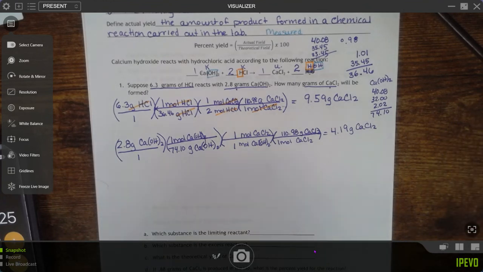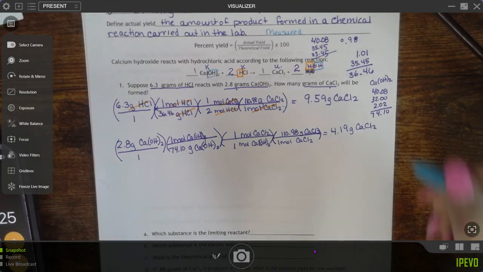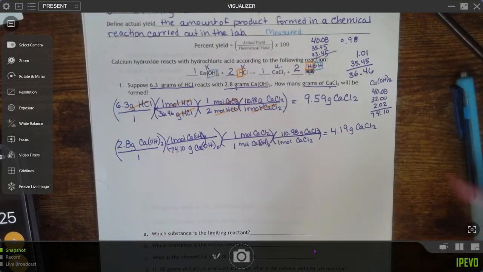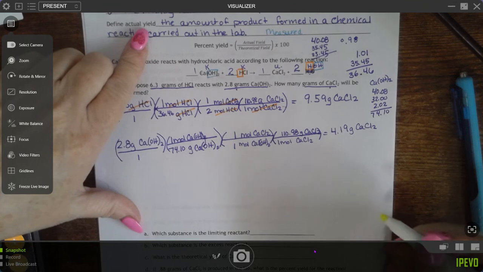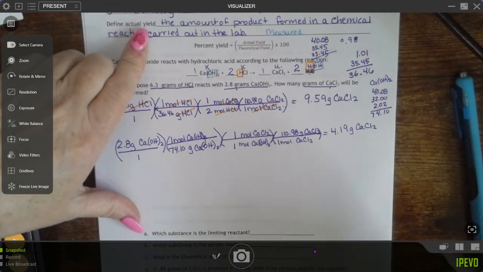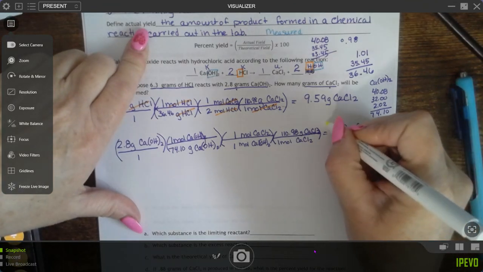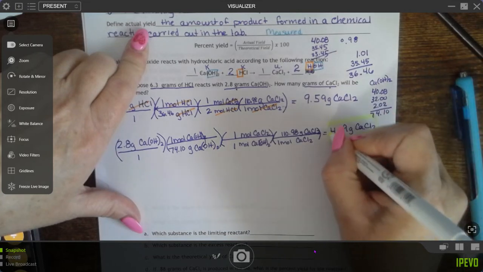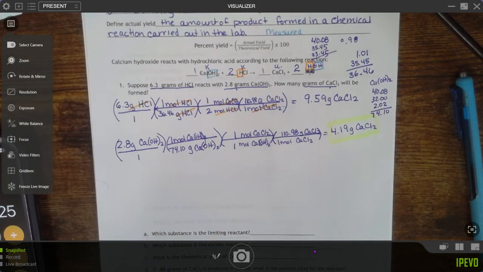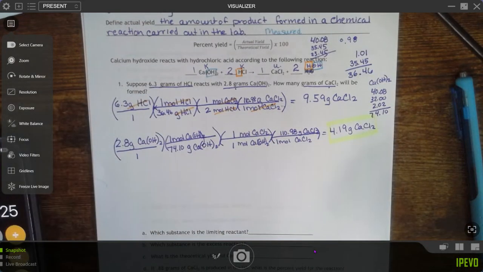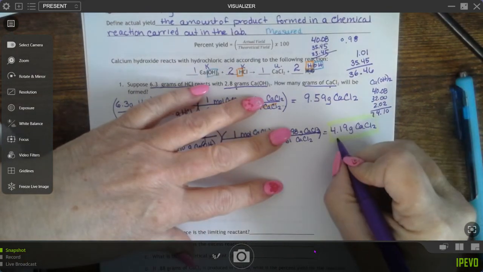If you do this problem, then you compare your two numbers, and whichever number is the smallest is your theoretical yield. So in this case, 4.19 grams of calcium chloride, this is our theoretical yield.